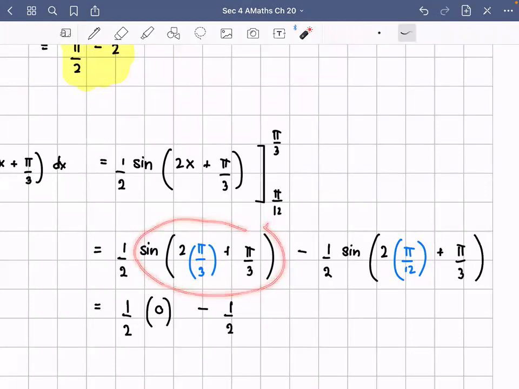So when you plug this, sine of 2 pi over 3 plus pi over 3, that's equal to 0. Then how about this?